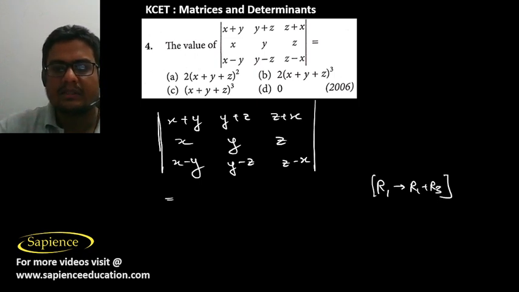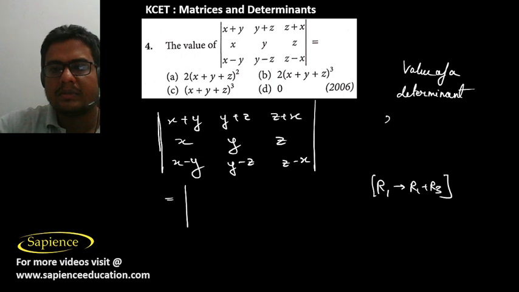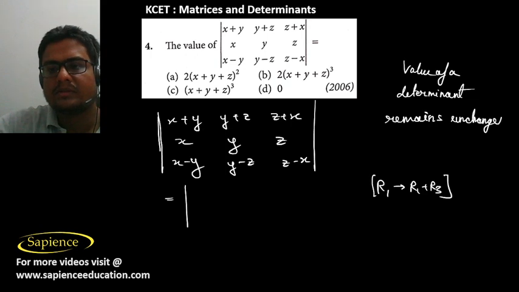So if we apply the elementary row operations, then the value of the determinant remains unchanged. The rule is: the value of a determinant remains unchanged under elementary row operations or column operations.